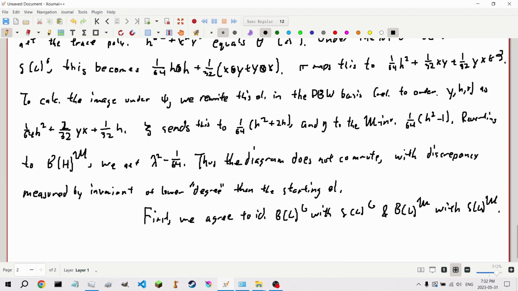Now, obviously, if the polynomial in S(H) is fixed by the Weyl group, so are its homogeneous parts.